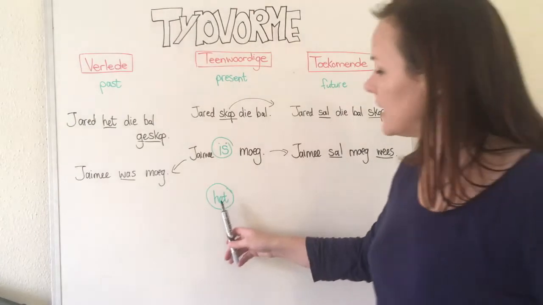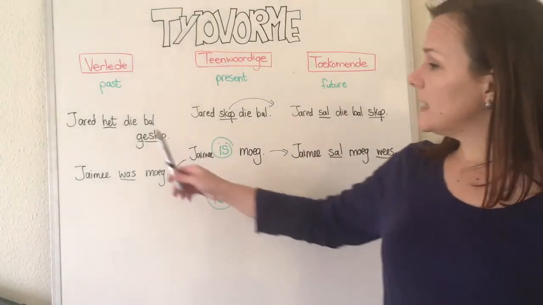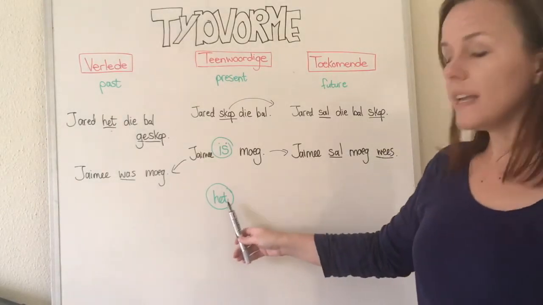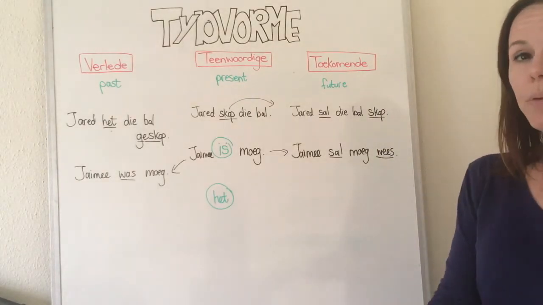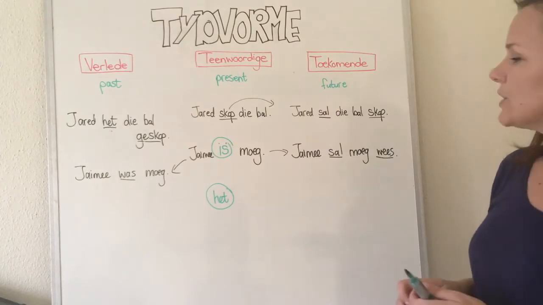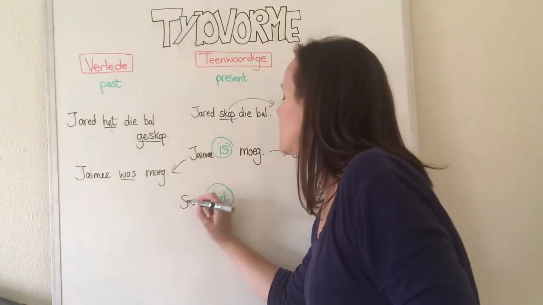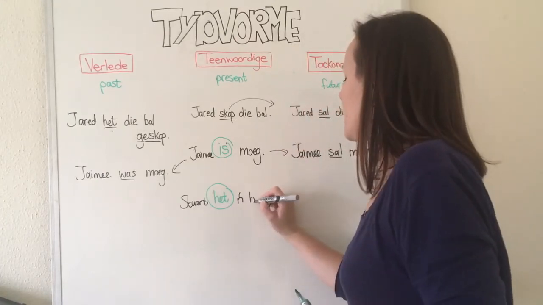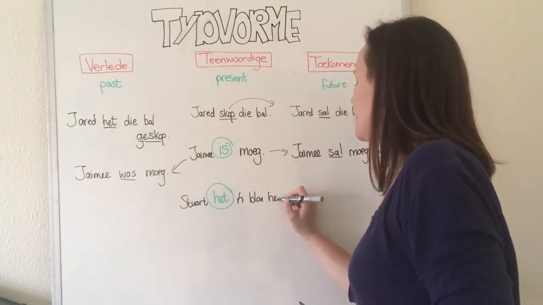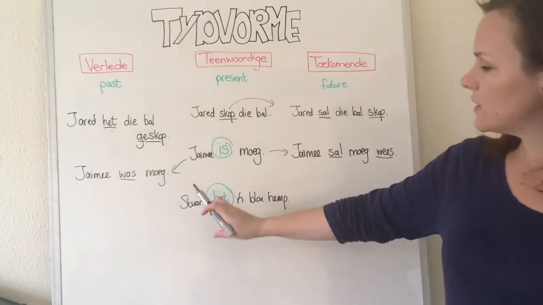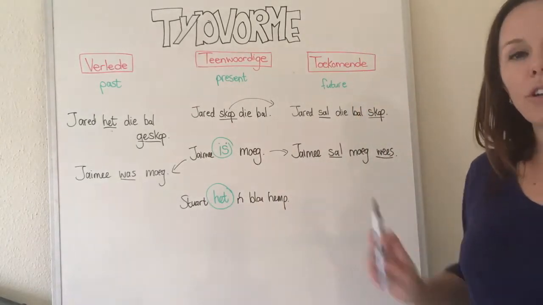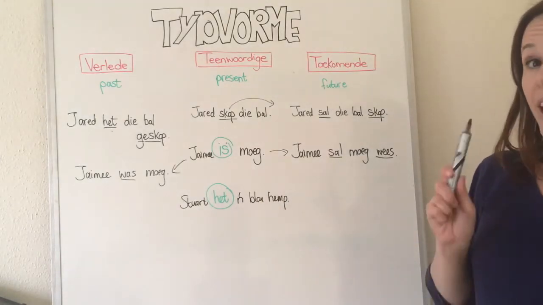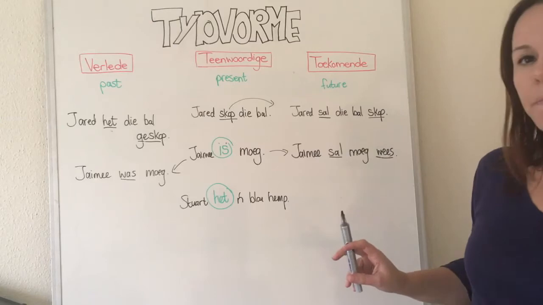Okay, then with het, don't get confused because in this context, het means did. But in this context, if het is used as a verb, it means has. So if I say, for example, Stuart het 'n blou hemp. It means Stuart has a blue shirt. So has is the verb there, het. Okay, now here's the rule for past tense.